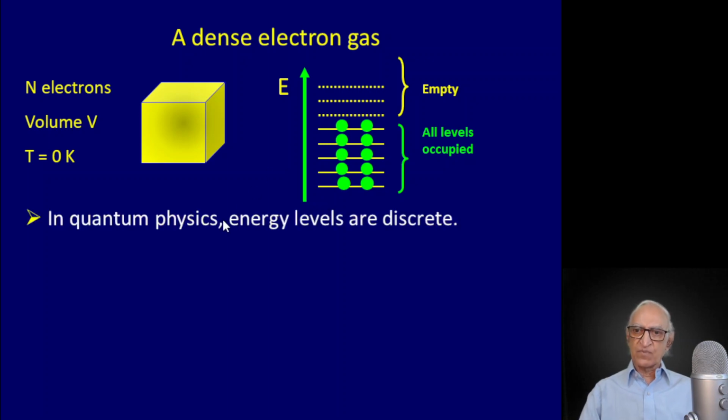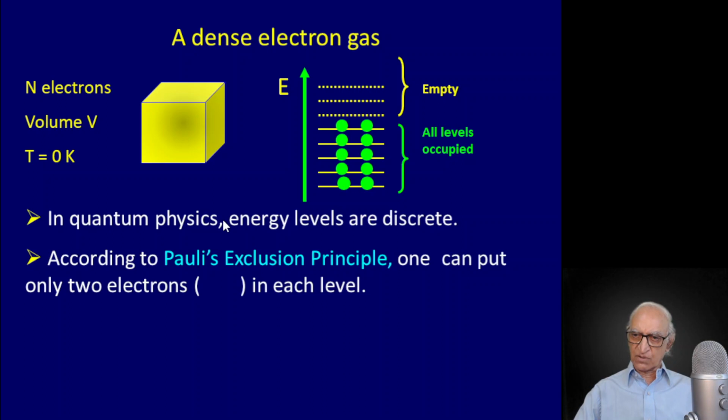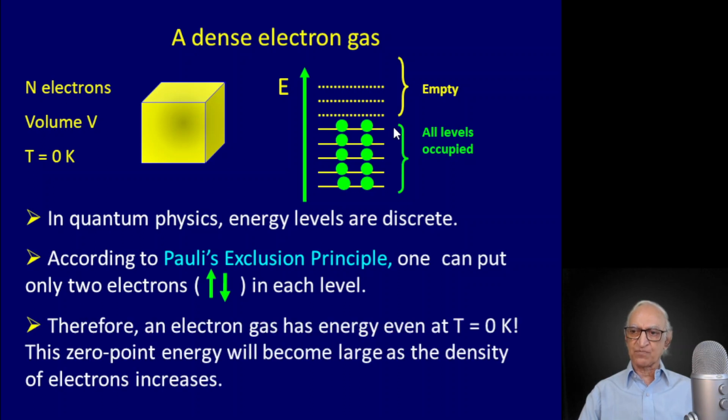So what you do is you start putting two electrons in the ground state, making sure that their spin angular momenta are oriented in anti-parallel directions, then two electrons in the second level, two electrons in the third level, and so on, till you run out of electrons. Therefore, an electron gas, even at absolute zero of temperature, has energy, and it has an enormous amount of energy. Where does this zero-point energy come from?